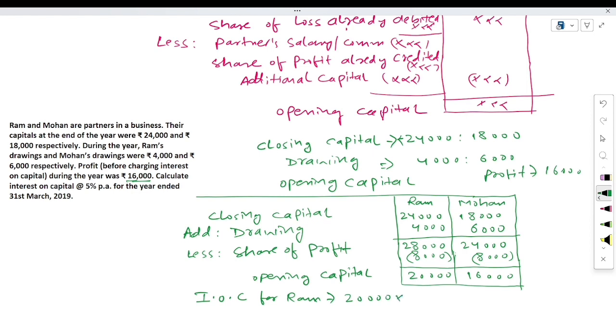We have found 20,000. What is the rate of interest? 5%. So 5 upon 100. Here the interest on capital of Ram will be 1,000. Now what will be the interest on capital of Mohan? The interest on capital of Mohan will be 16,000 into 5%. It means 800.